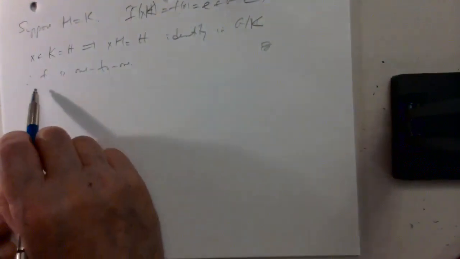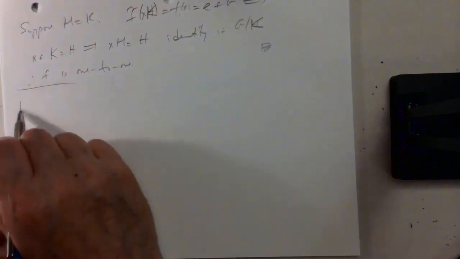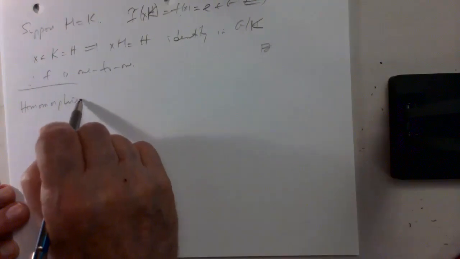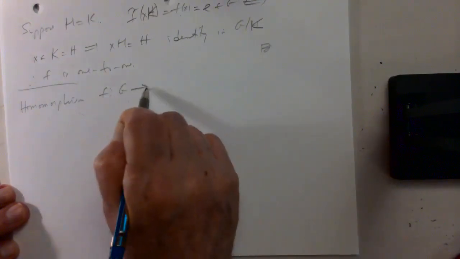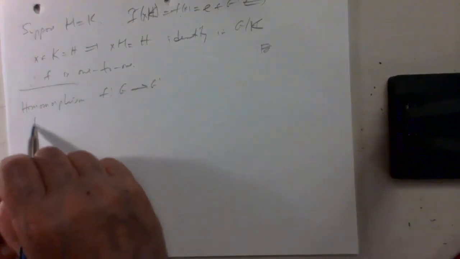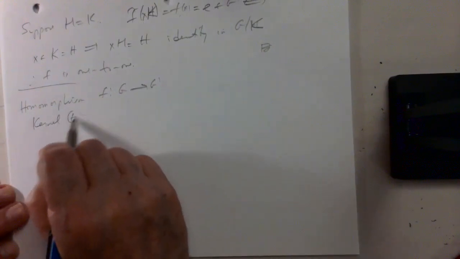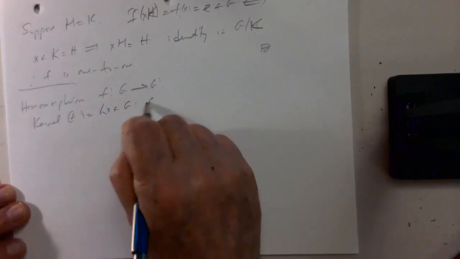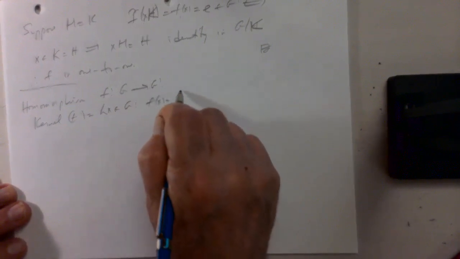Now, let's note the following thing. Suppose we have a homomorphism f from G to G prime. So the kernel of f, this is all x in G such that f of x is the identity.